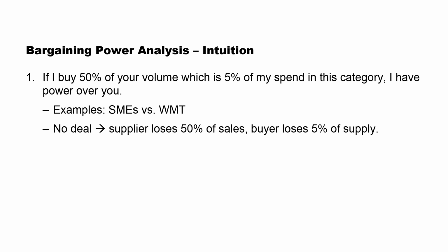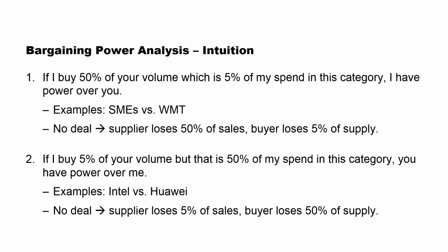For example, Walmart may buy a significant portion of a small company's yearly output, which may only be a small fraction of what Walmart sold or bought in this category. The buyer has the bargaining power because if there's no deal, the supplier loses 50% of its sales while the buyer only loses 5% of the supply.